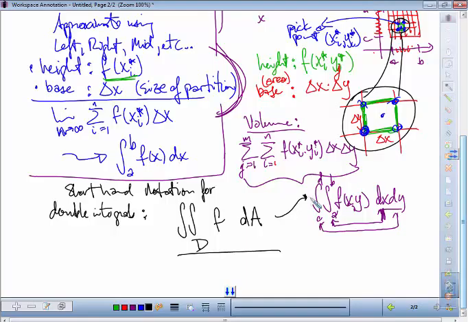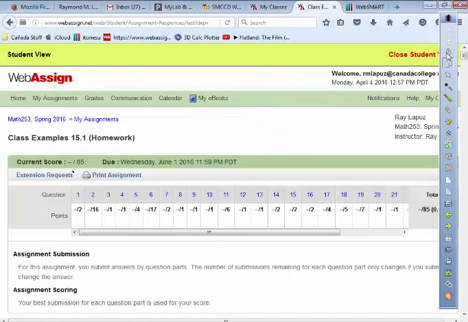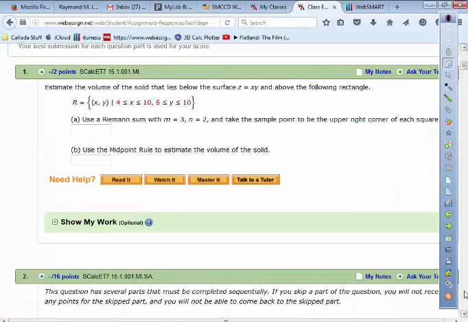All right, so your homework in 15.1 kind of looks like it's set up sometimes numerically, sometimes with functions and stuff like that. But you're asked to make estimates using a particular setup or a particular part of the rectangle to choose, you know, left or right endpoint.